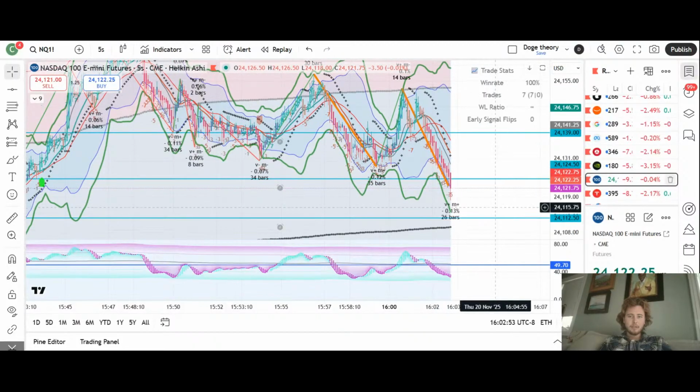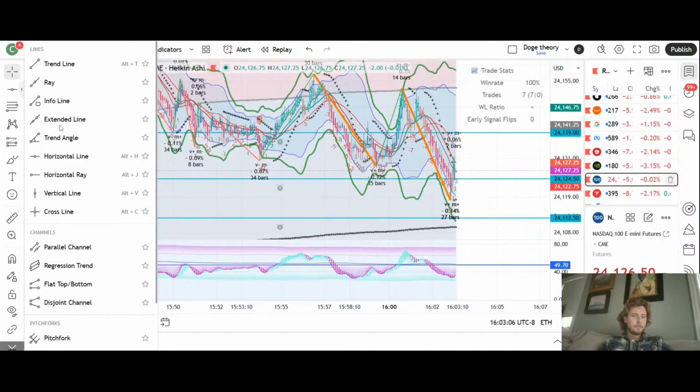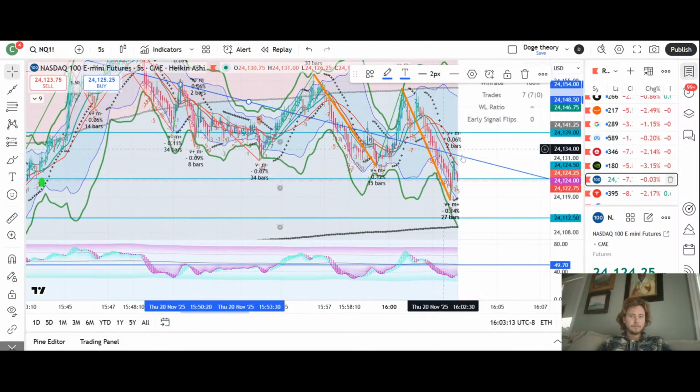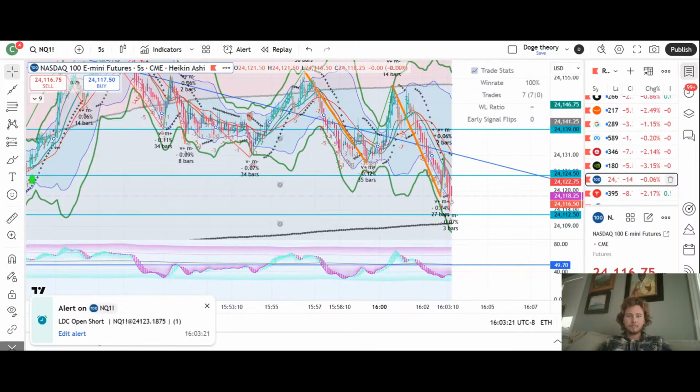Okay, seems like the Asian market is not a friend of the Nasdaq today. And our indicators pop for short.